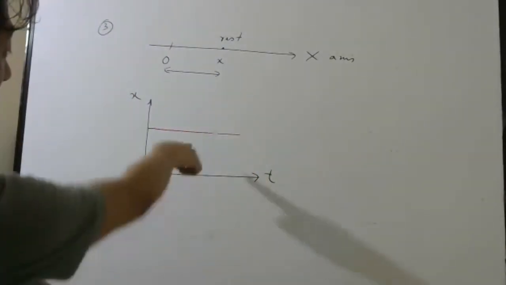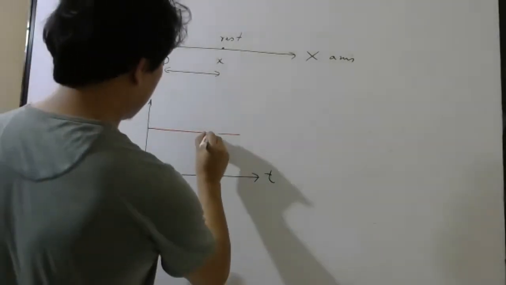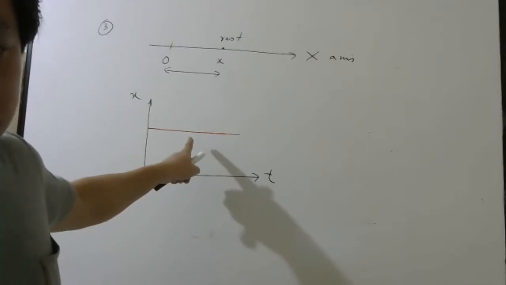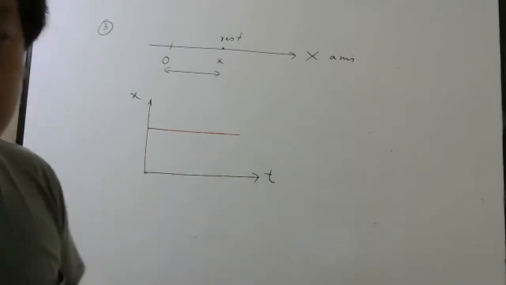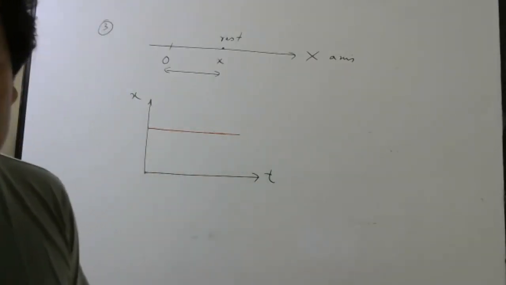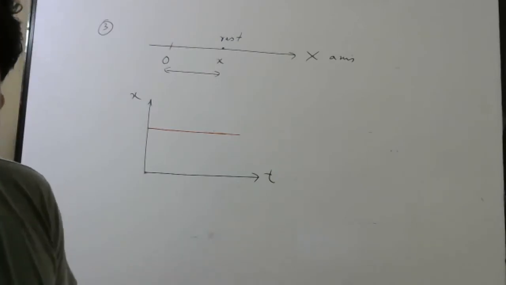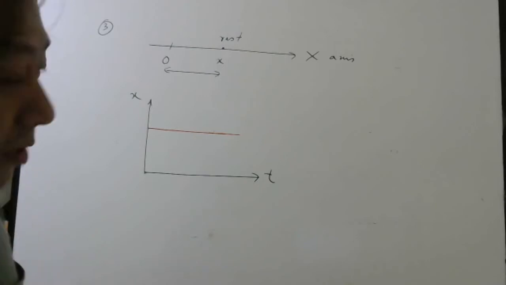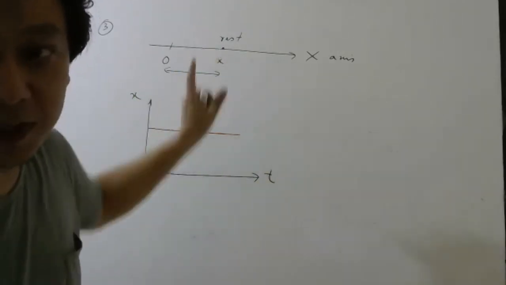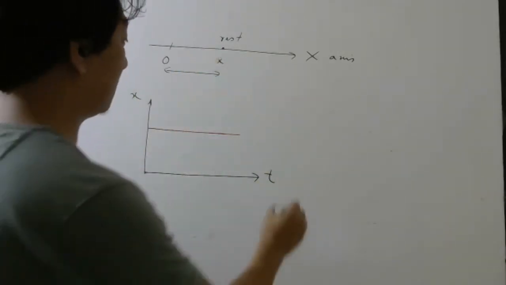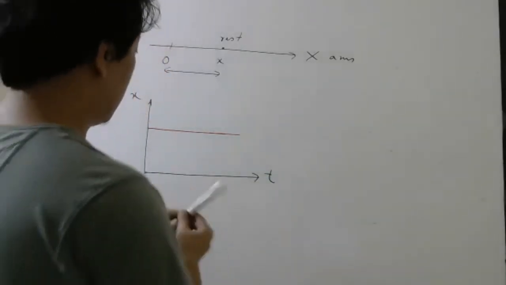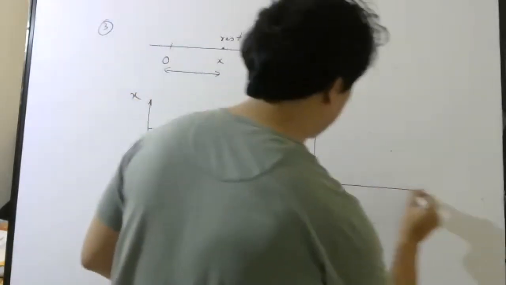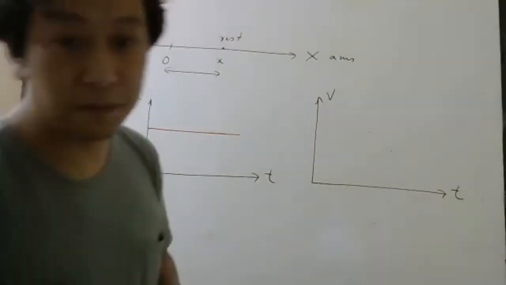Okay, what is the slope of this graph? Fast. What is the slope of this graph? 0. And what is the name of the slope of the x-t graph? 0 is not the name. The name given to the slope of the x-t graph is velocity. So for this situation, velocity is 0. So if I plot the v-t graph, I will not be able to plot.